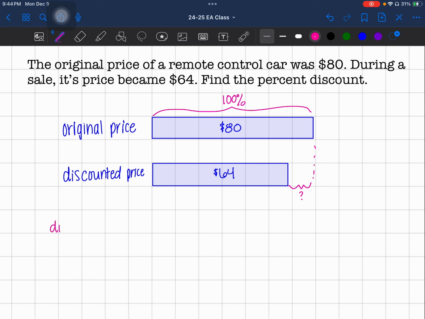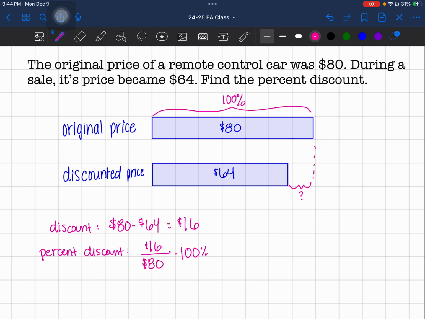So you should have found the discount, right? The change in price, which is $80 minus $64, which is $16. So then to find the percent discount or the percent change, you take the change, which is $16, over the original amount, which is 80, and times that by 100%.